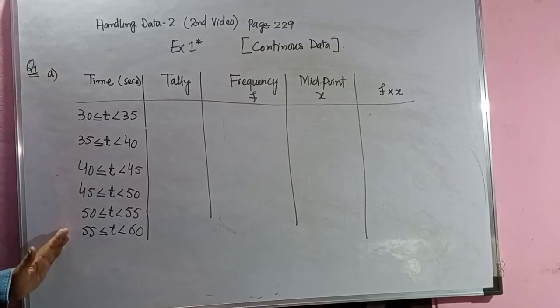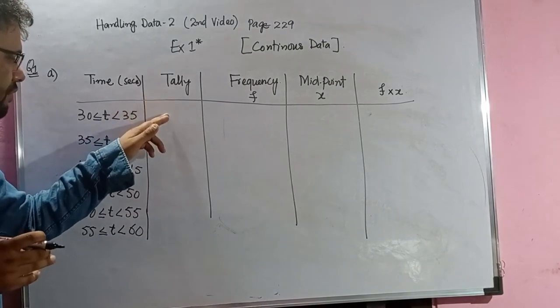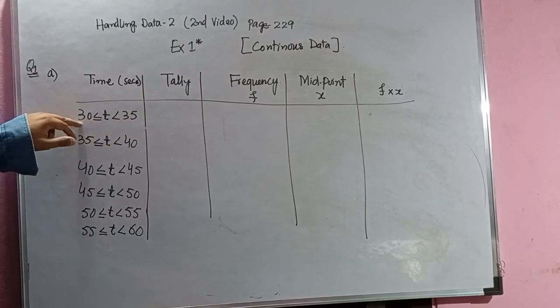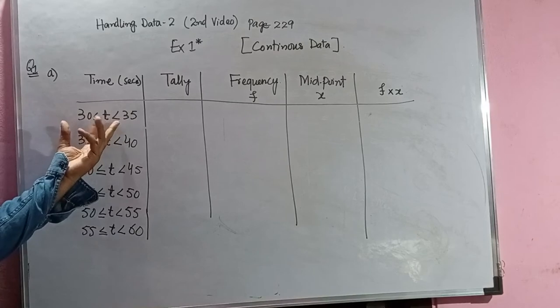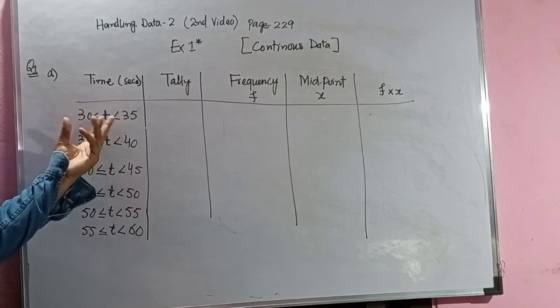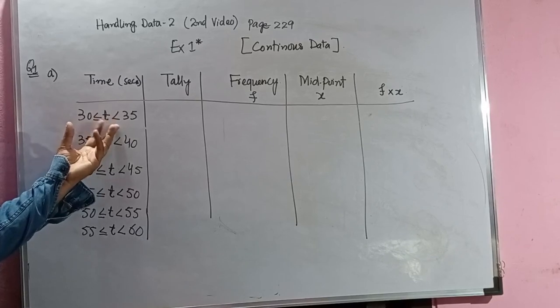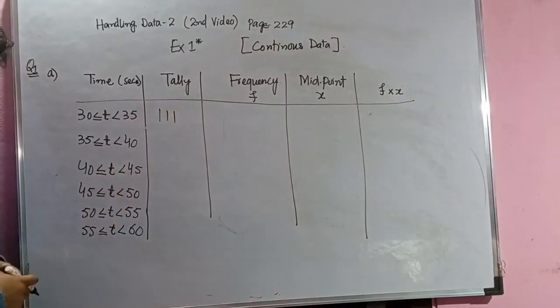This is the width of class. It was given in the question. Now what will I write in this column? Tally. That means I have to count, I have to see the data. I will count how many values fall in this class. If you see, there are 3, so I will write 3 tally marks.